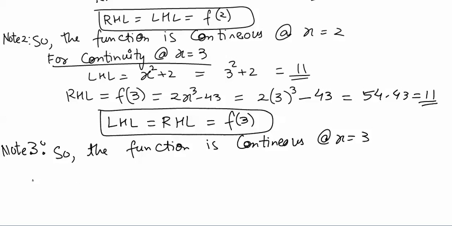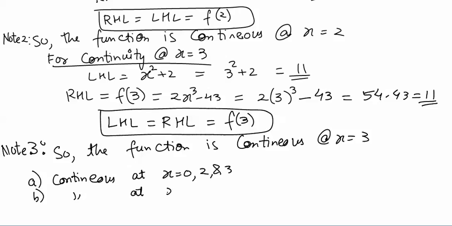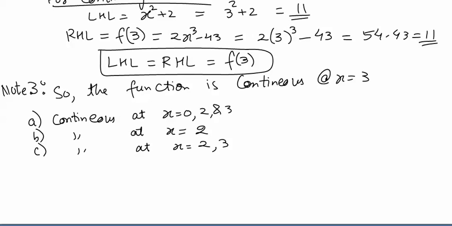For example, if the options were like: continuous at x equal to 0, 2 and 3; continuous at x equal to 2; continuous at x equal to 2, 3; and let's say the fourth option is given as continuous at x equal to 0 and 3.